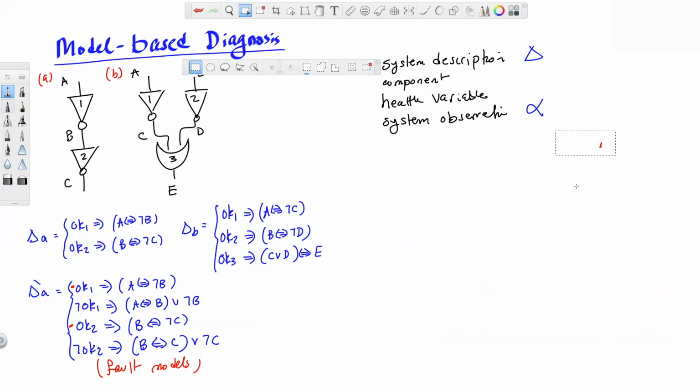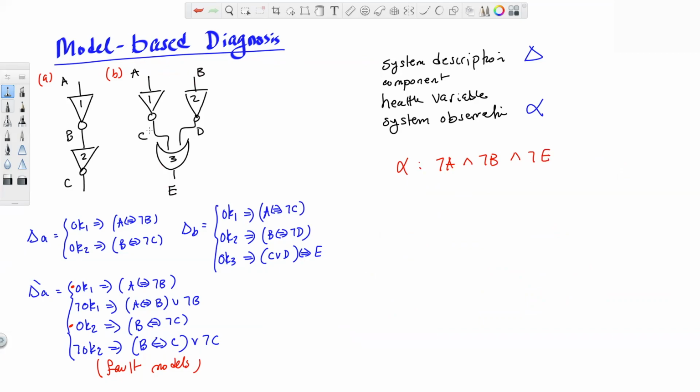So we already know it's abnormal, and if someone were to ask you what happened here, what would you say? This observation says not A and not B and not E. So I put a low, low, and I got a low.